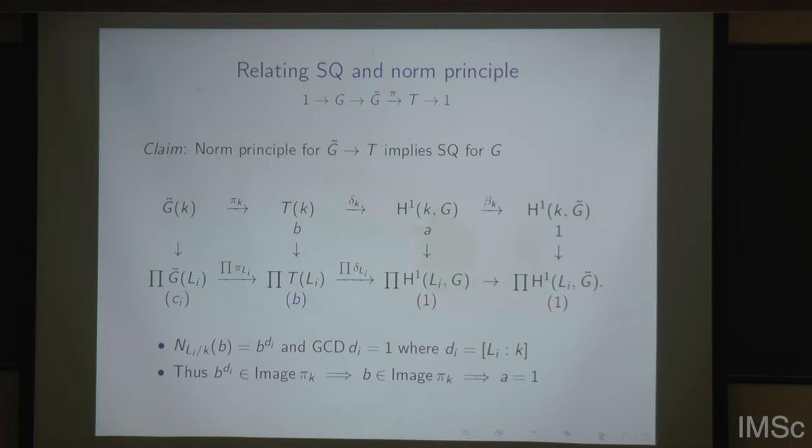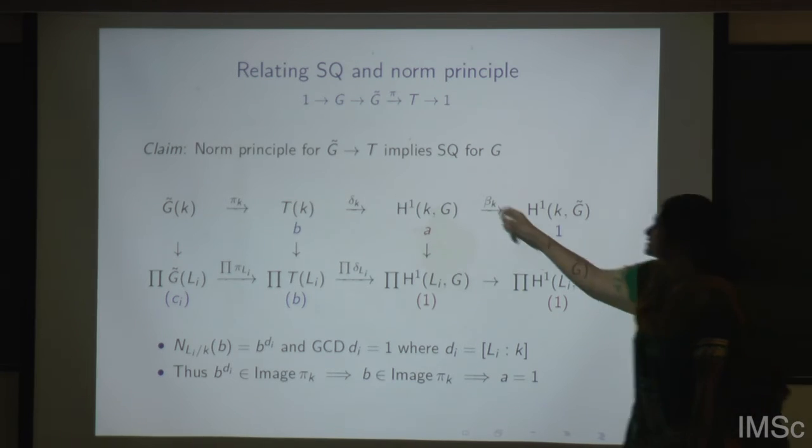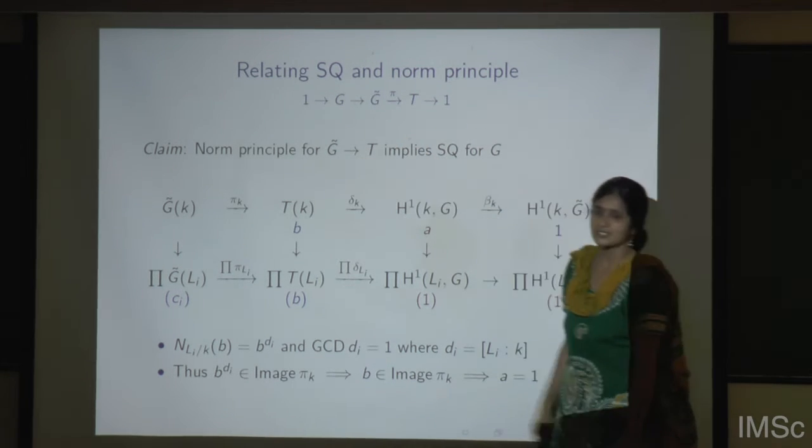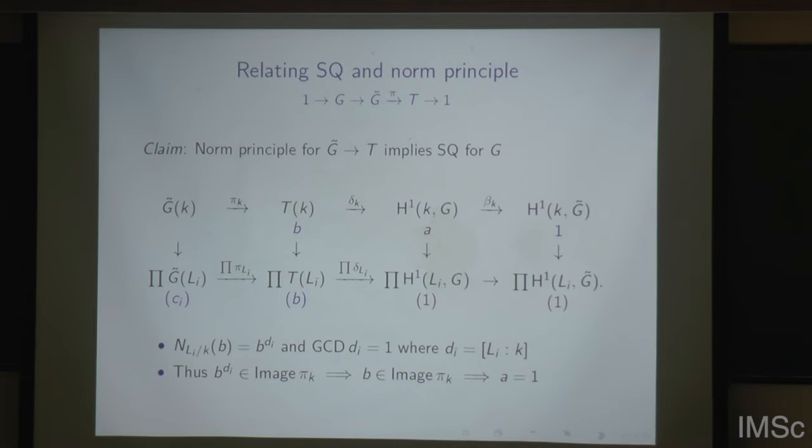Maybe let me not get into it, but if you're interested, you can give this as a homology exercise. But it's really the norm principle doing the work for you. It's really the G tilde to T norm principle which kicks in and tells you that G has Serre's question.